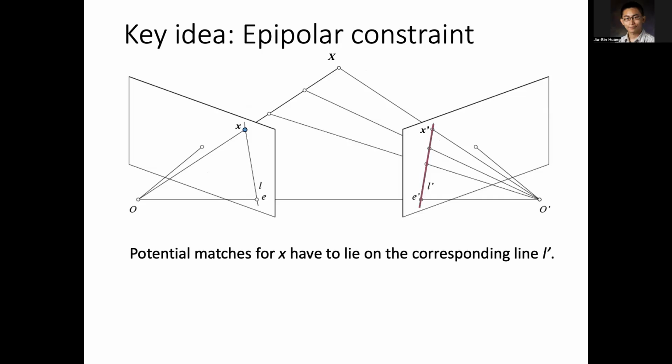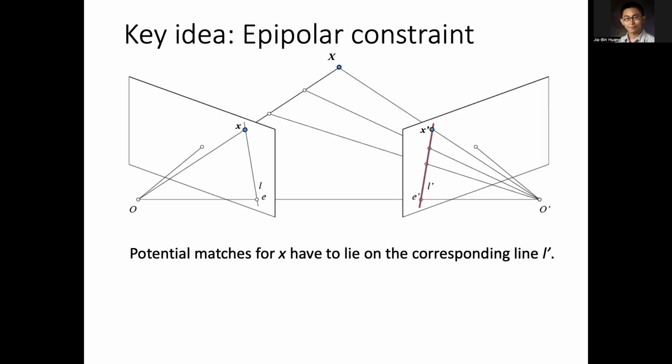So this says that a potential match for X has to lie on a corresponding line in L prime. Okay, it must lie on this line. So the same thing happens in the other direction.